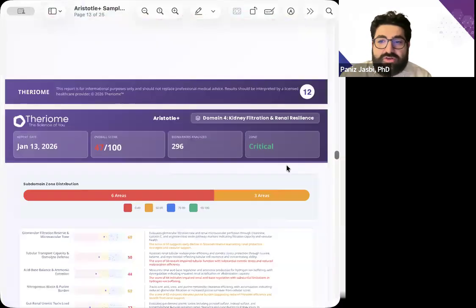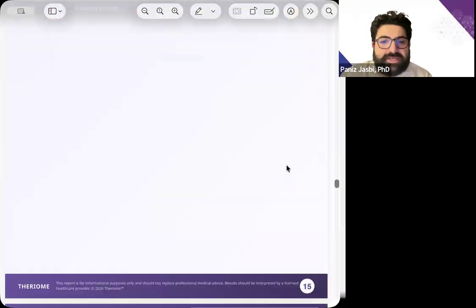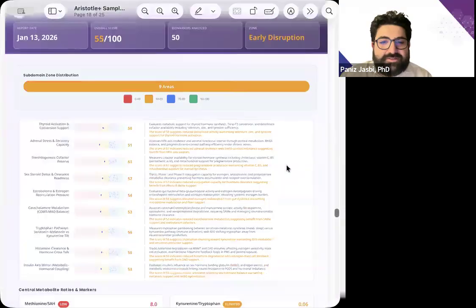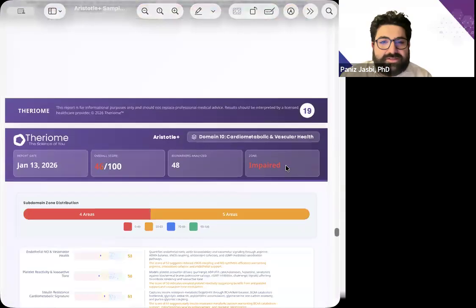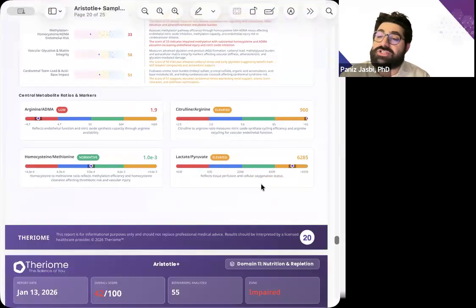In the cardiometabolic domain, which is coming up, bear with me here. Cardio, there we go. Domain 10. Ratios at the bottom, like arginine to ADMA and citrulline to arginine, directly support interpretation of endothelial function and nitric oxide signaling.